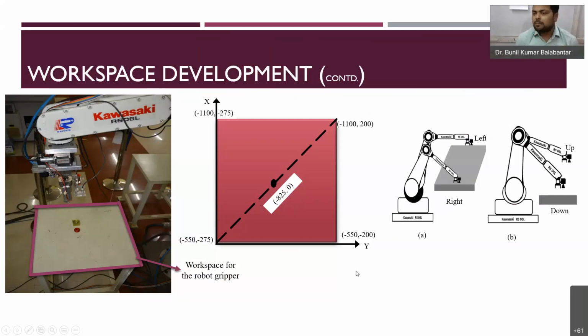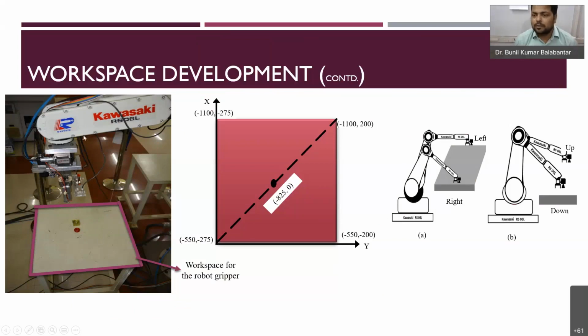Similarly, this is the most important mathematical phenomenon we need to develop, because this is the space I need to choose for my robot. So the robot has to understand this is my space within which I can perform the task. I cannot go beyond the task, beyond the environment which is specified to me. So accordingly, the robot has to be programmed.